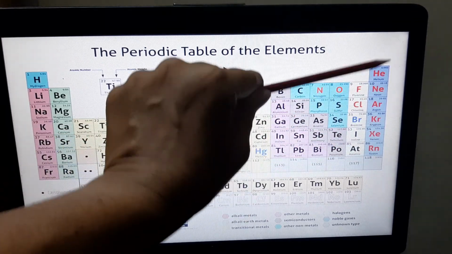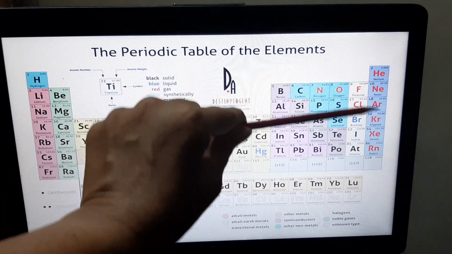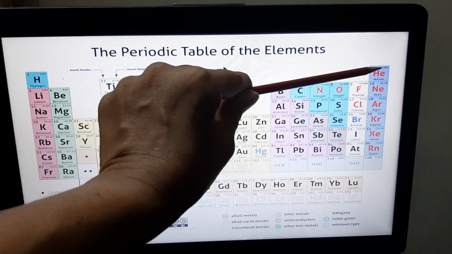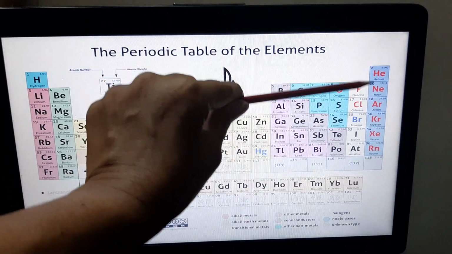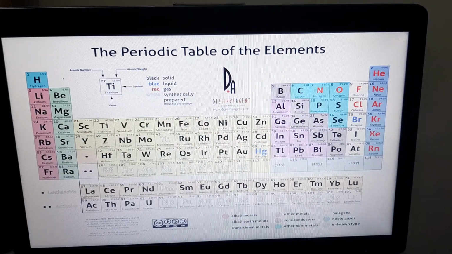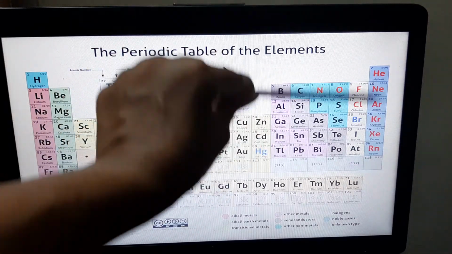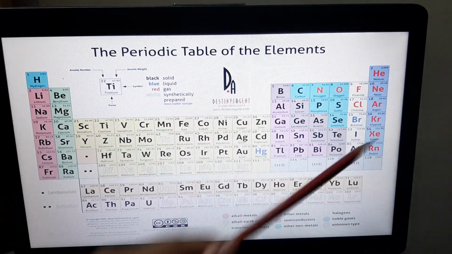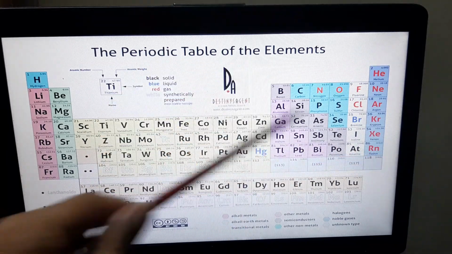And right at the end are all the zero group elements. That means these elements in the last group have a completely filled outermost orbit. Therefore, they don't need to give or take electrons, and therefore they are called zero group elements. They are right at the corner. They are all gases.